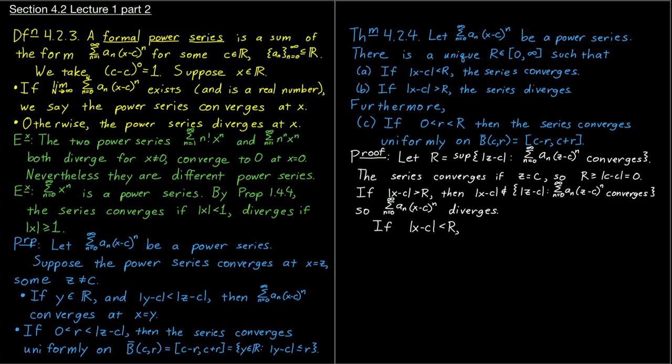It's less than the least upper bound. Then |x − c| has to be less than |z − c| for some z such that the series converges.